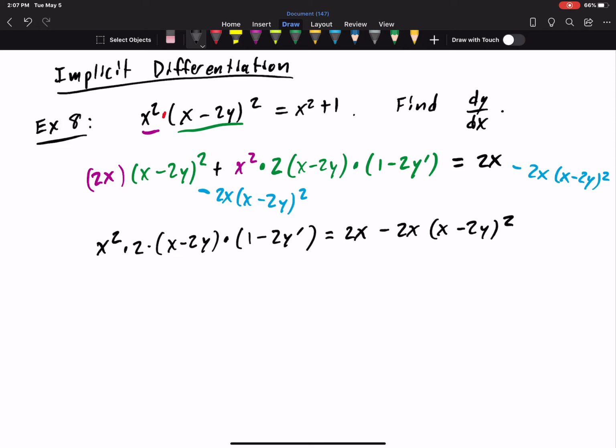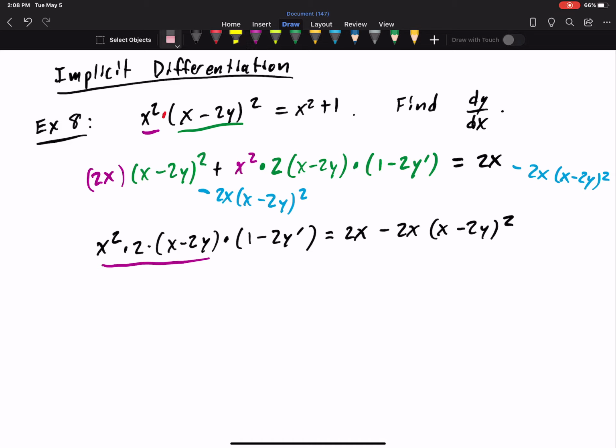So far so good. Again, we still have this 1 minus 2y prime stuck inside the parentheses. You could FOIL out all of this, but do not do that. Instead, since we're multiplying all of this stuff, we're going to divide it over so we get this parentheses by itself.